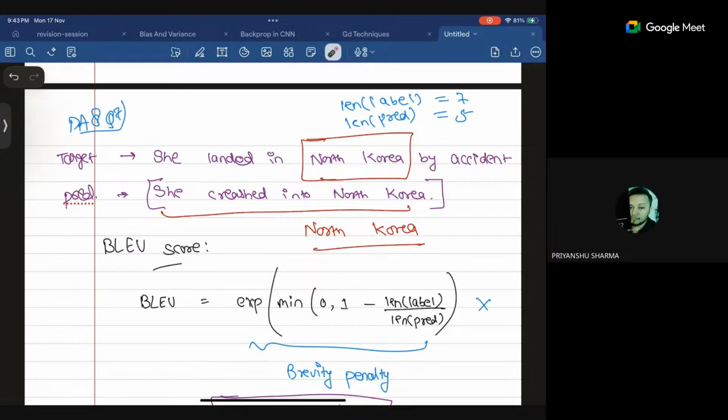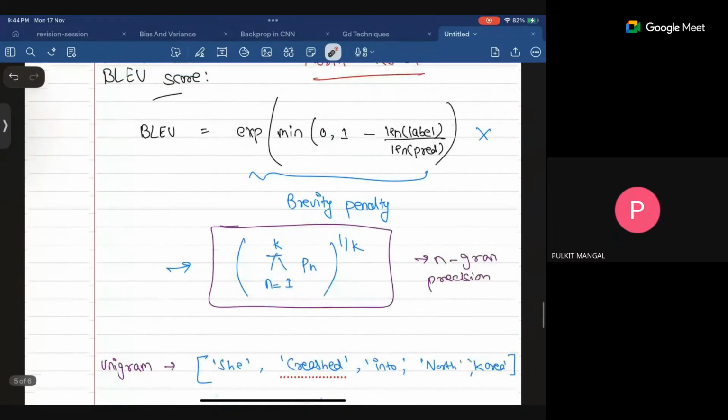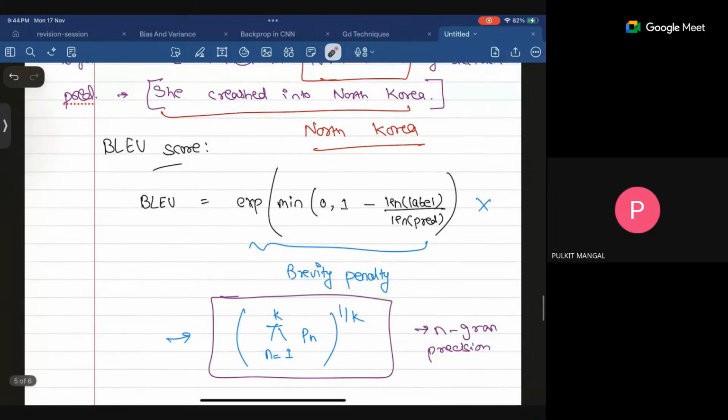If the predicted one is shorter than the label one, then we use... No, that's what we are trying to avoid, right? Then this second term will become 1. Yeah, because in the slides, I think there was some problem here.